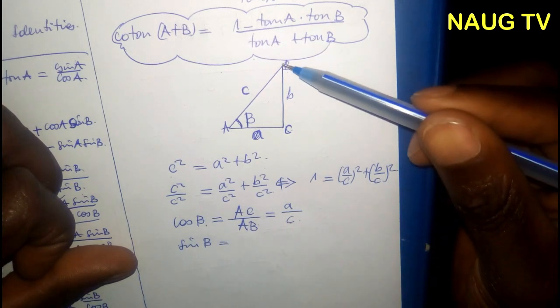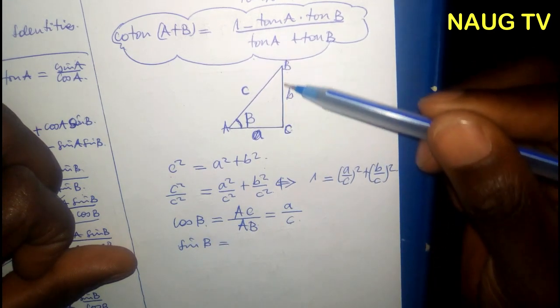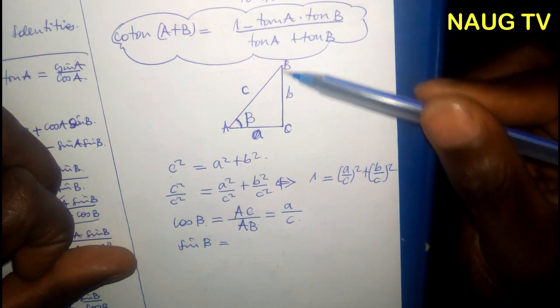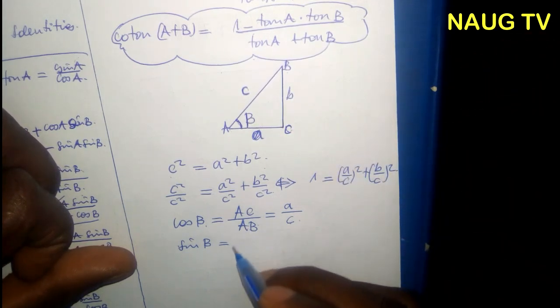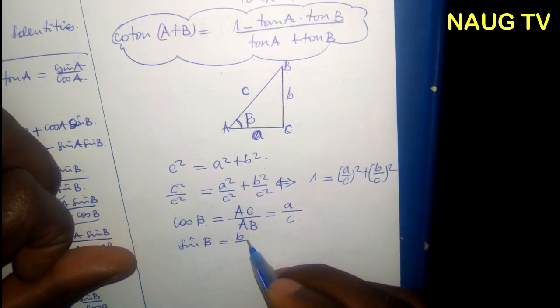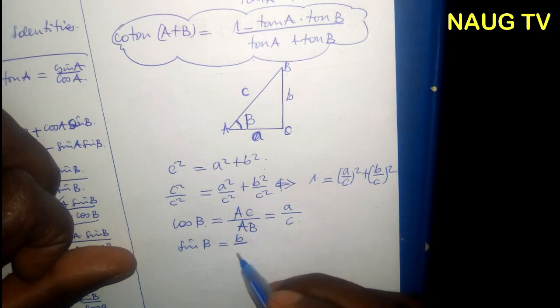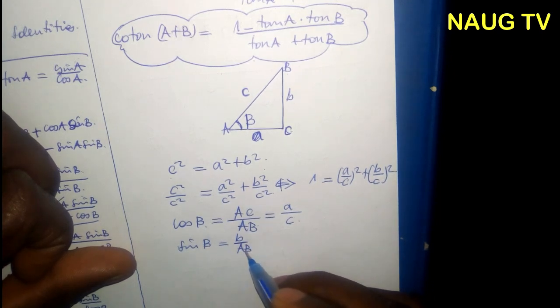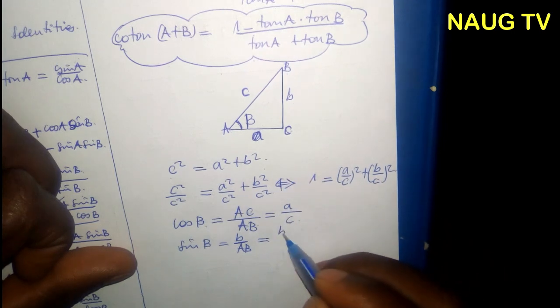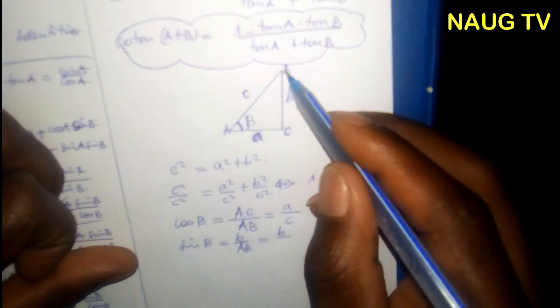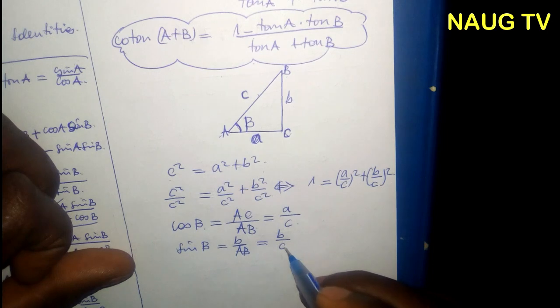The sine of beta will be equal to the opposite side of angle B, which is b over AB. It means that it is b over c, right?